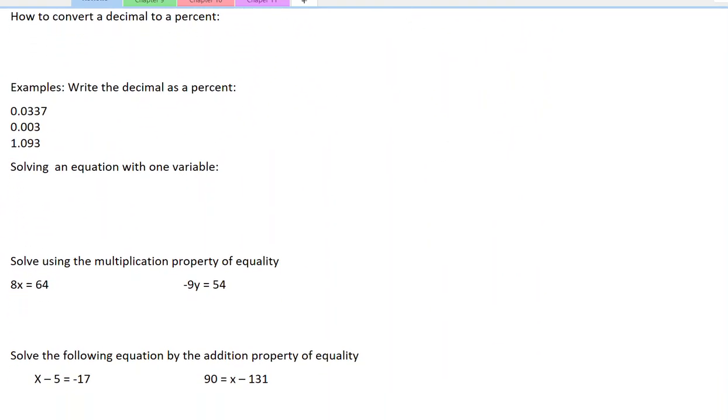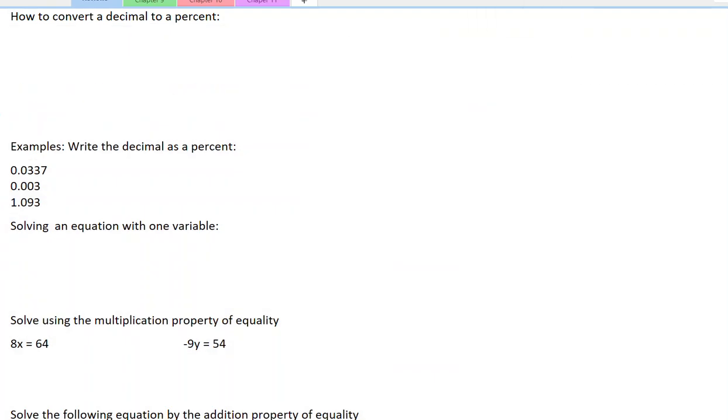Now we got the one I had done earlier, and I'm sorry about that. Remember, to get rid of the percent, we go to the left. To get it into a percent, we go to the right. How to convert a decimal to percent.